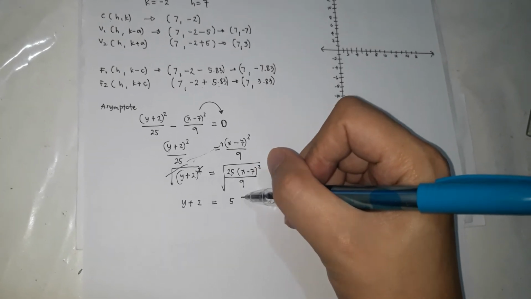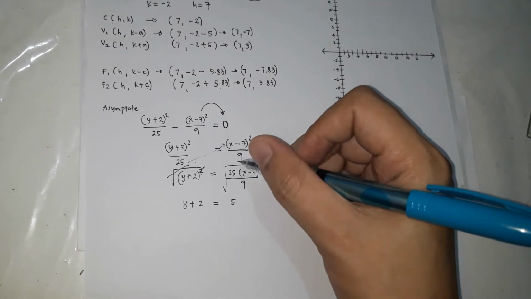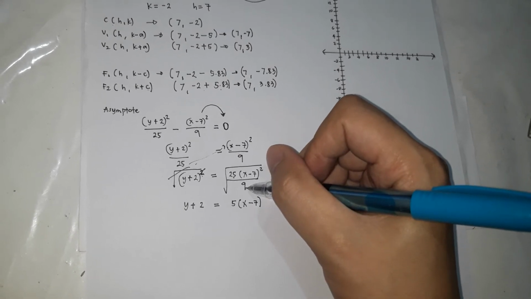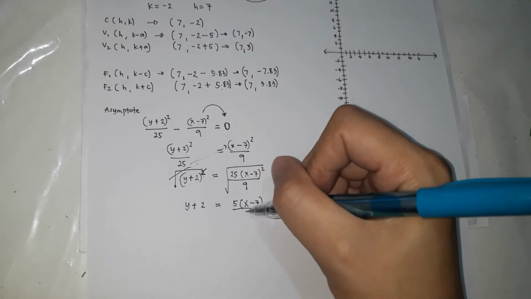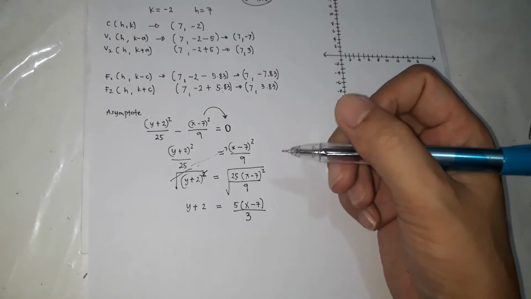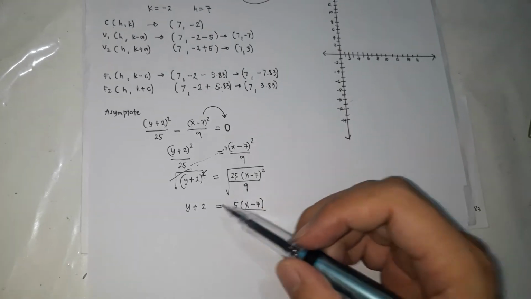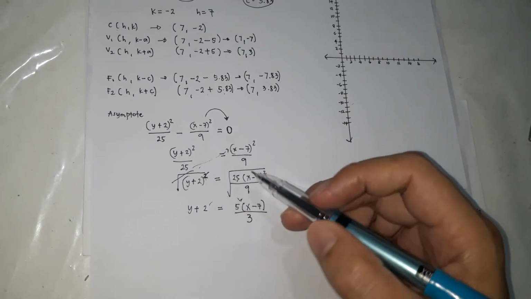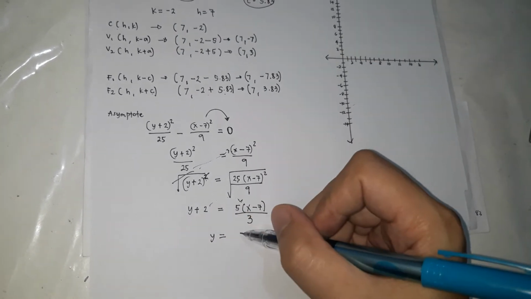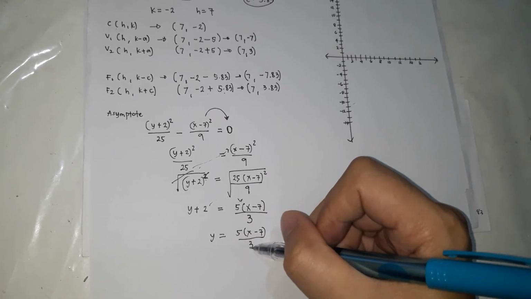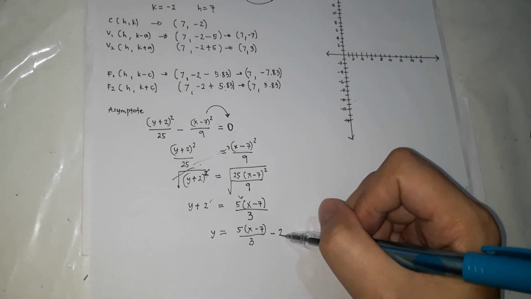That's 5. What's the square root of this? Makancel yan. So, kopyahin mo ng x minus 7. May square root ba ang 9? Mayroon. That's 3. So, over 3. Next, kailangan na y lang matira. So, you're going to transpose 2. So, y is equal to 5 times (x minus 7) over 3 minus 2.